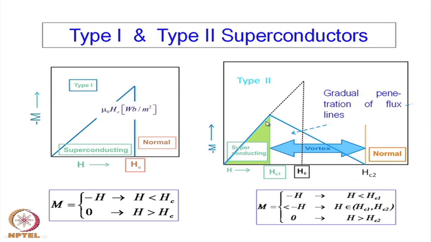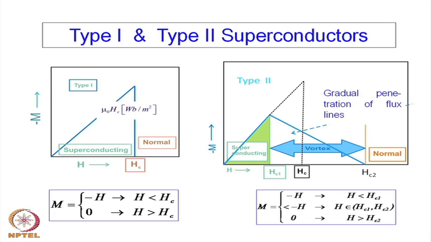So, beyond Hc1 there is no abrupt change in the characteristics of the material. It does not change suddenly or immediately from the superconducting state to a normal state of material. Instead, there is a gradual change. So, we have a dual phase which is known as the vortex region.